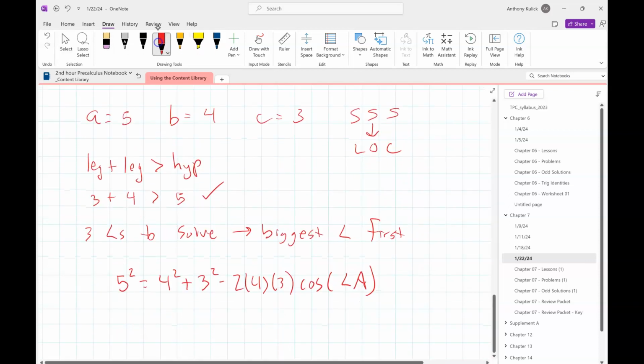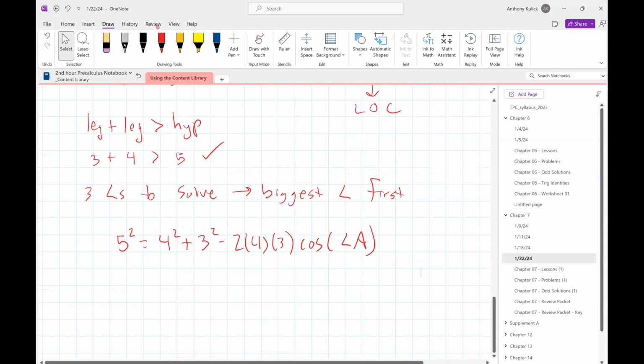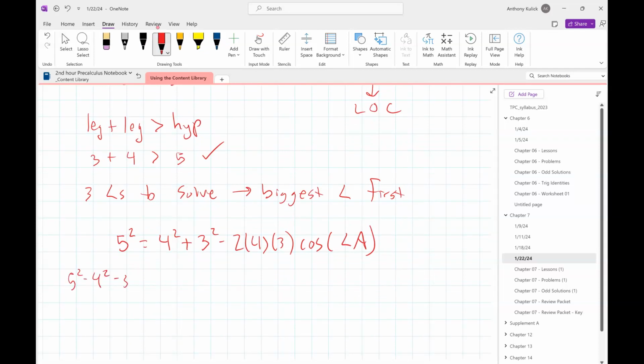Okay, to get the cosine of angle A by itself, I'm going to start by subtracting 4 squared and 3 squared from both sides. And then I'm going to divide by -2 times 4 times 3.